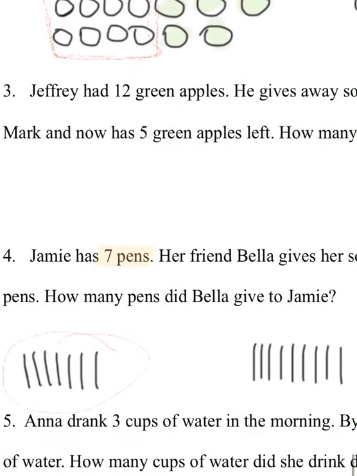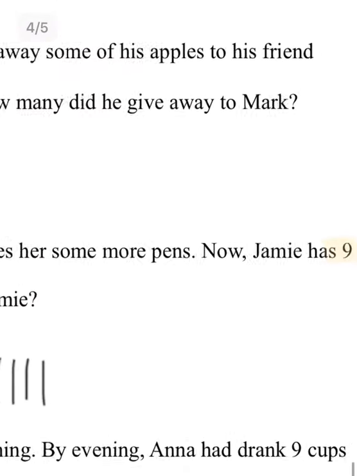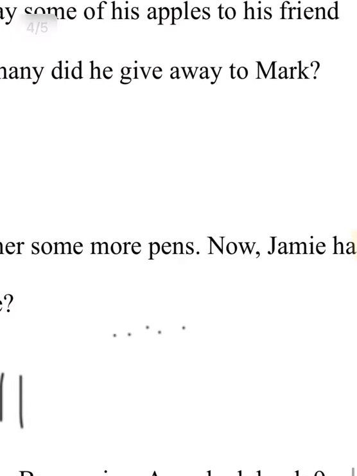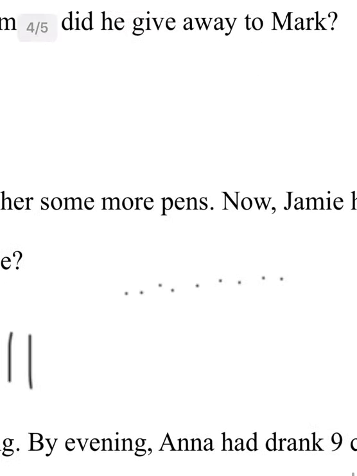So to find this out, we're going to do 9, 1, 2, 3, 4, 5, 6, 7, 8, 9, minus 7, because we're trying to find out how many she gave.